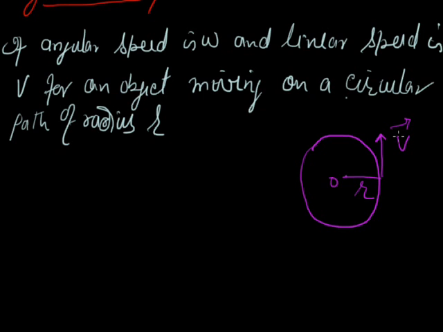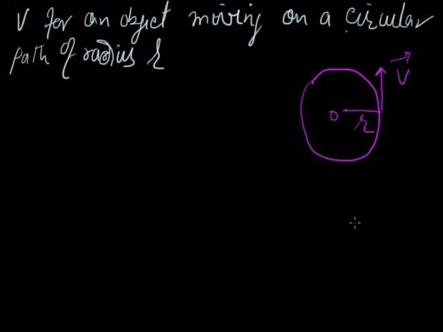Now we want to find the relation between angular velocity and linear velocity. The direction of angular velocity is always given by the right hand thumb rule, or angular velocity is an axial vector. The direction of omega is always along the axis, either upward or downward.